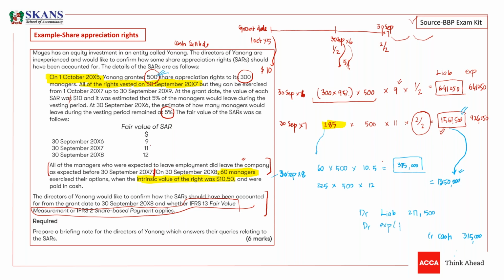It could be an income if the reduction in liability is more than the cash paid. So this is an expense of 97,500. This is how you are going to treat cash-settled share-based payments. But the answer is not complete yet, guys.